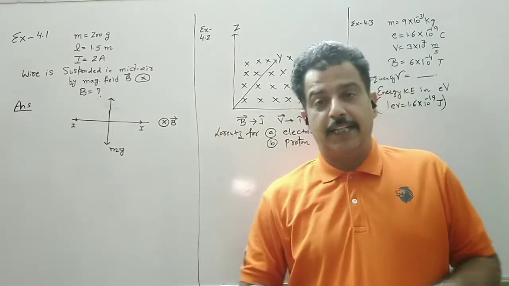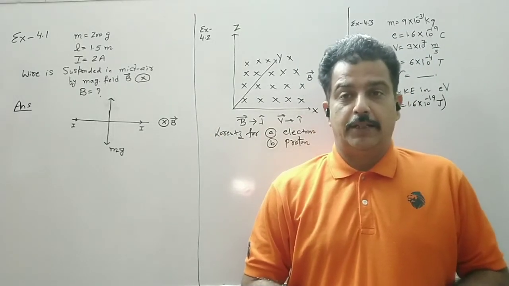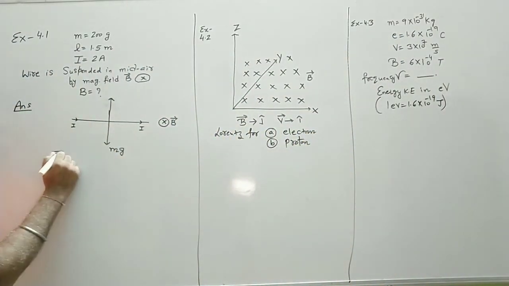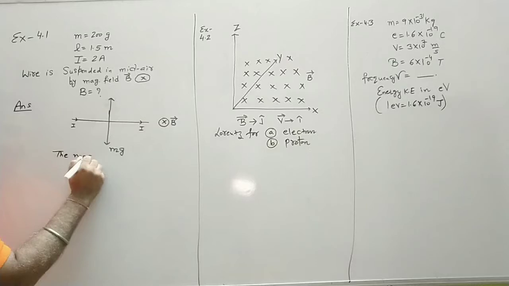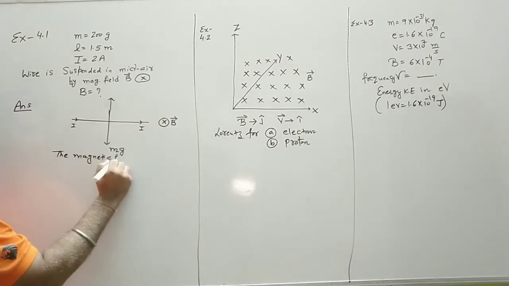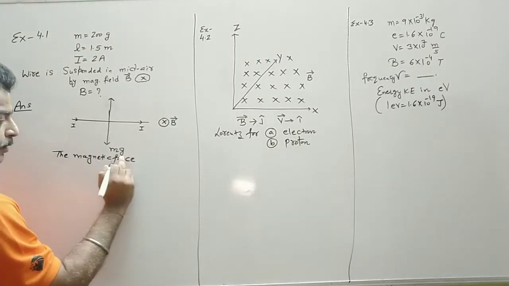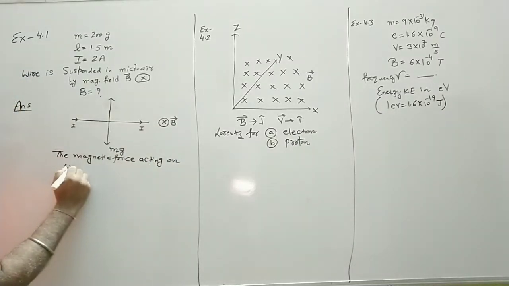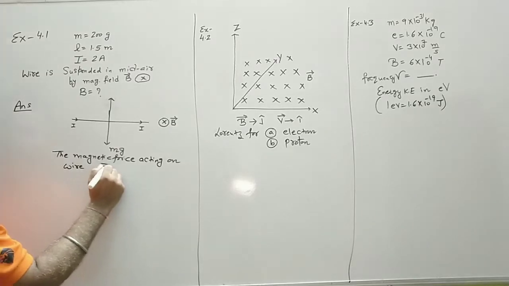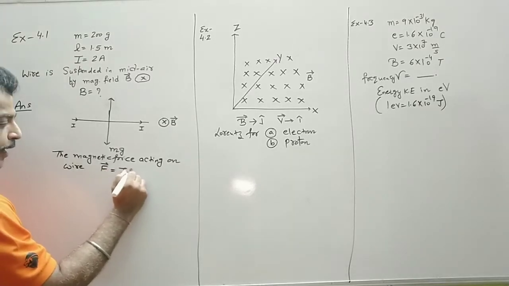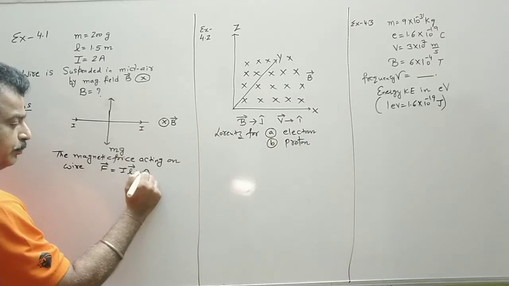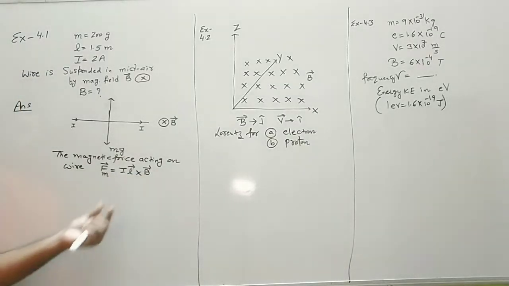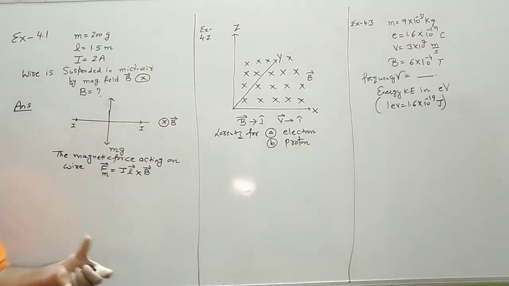Because it is a current carrying wire which is placed in the magnetic field, the magnetic force acting on wire will be given by F is equal to IL cross B. This is the formula for the magnetic force, where IL is the current element.